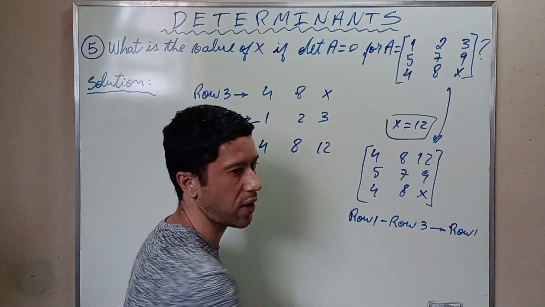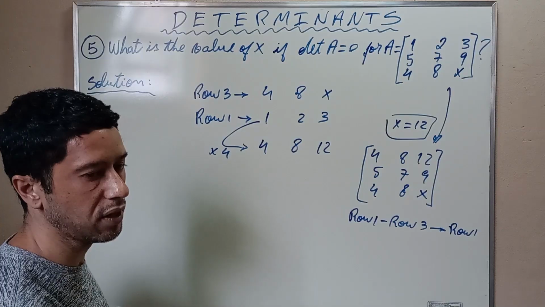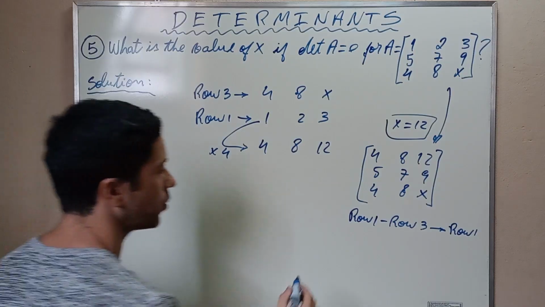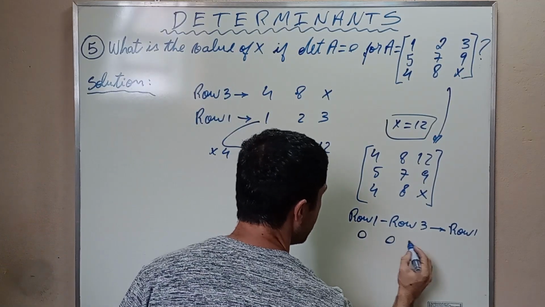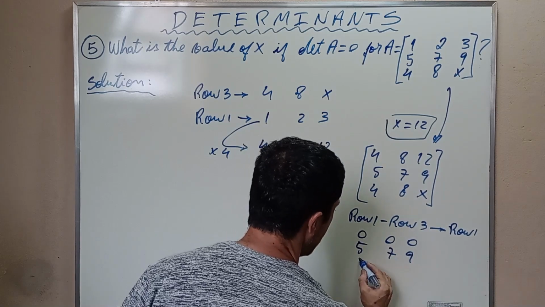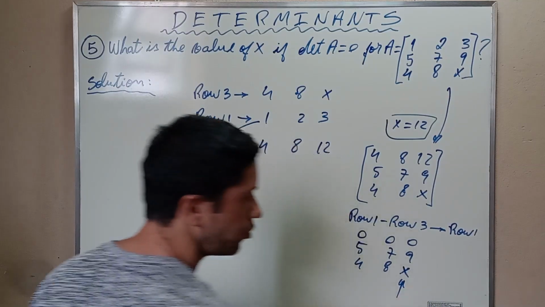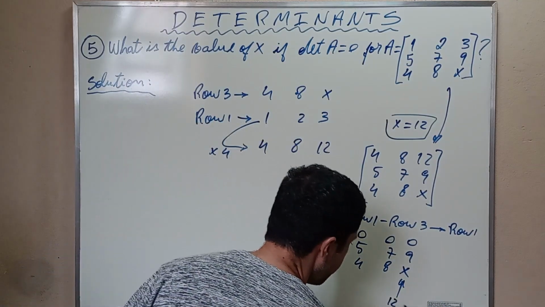If I subtract one by the other. Then, finally, the matrix will be 0, 0, and 0, 5, 7, and 9, 4, 8, and x. And in this case, I substituted this x by 12.